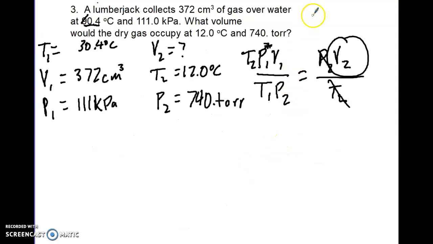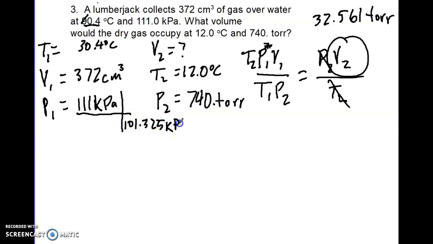So if we came over here at 30.4, it'd be 32.561 torr. Okay, so we might as well convert this to torr. So I'm going to do it right here. Divide by 101.325 kilopascals, multiply by 760 torr.